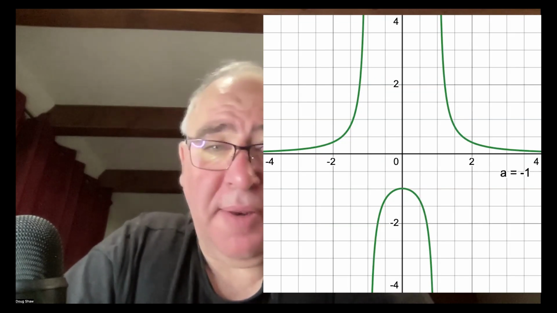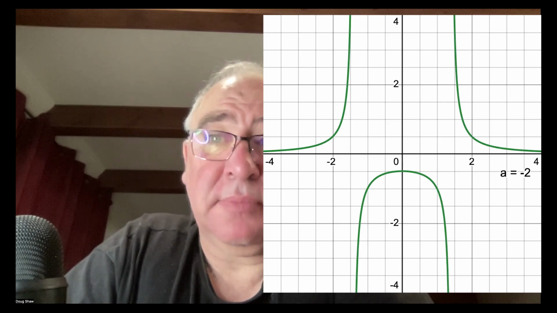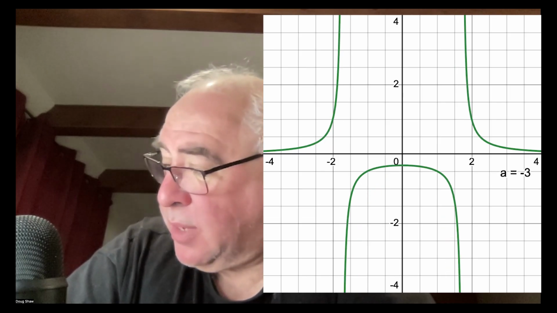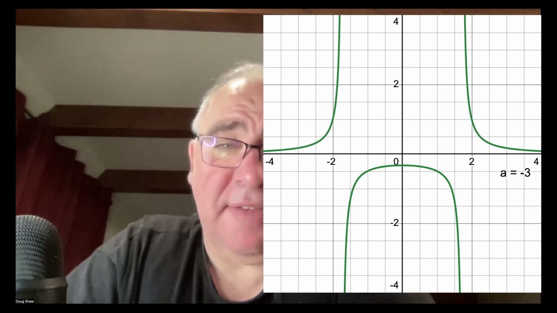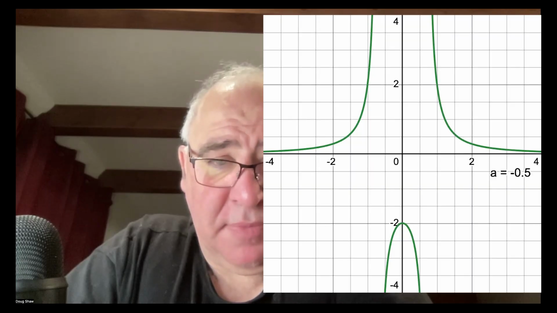Now, what about when a is negative? We have to do that. Well, let's experiment. So this is a equals negative 1. A equals negative 2. A equals negative 3. And let's play with a equals negative 1/2. So these curves come in 3 pieces.